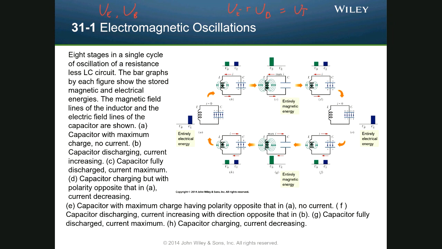UB and UE can change, U total can't. So if it's 5 joules, it'll be 5 total. When you add the two bars up, you have to get the same 5 every single step of the way. Okay?